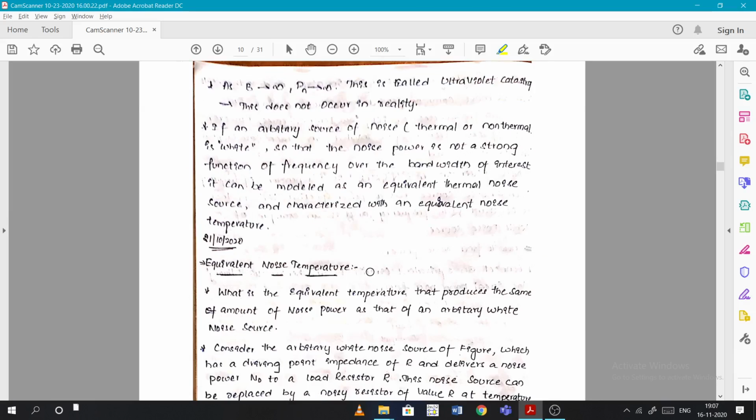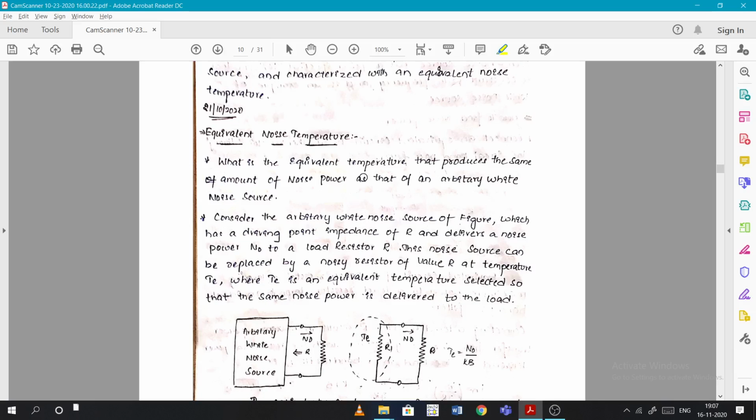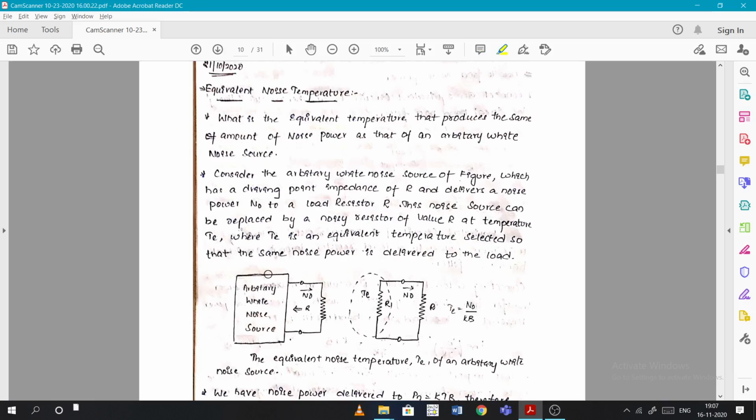Now, equivalent noise temperature. So what is an equivalent noise temperature? It is basically the temperature at which the same amount of noise is being produced by a source. Let's take some source that is named an arbitrary white noise source. That means this source will generate some noise.